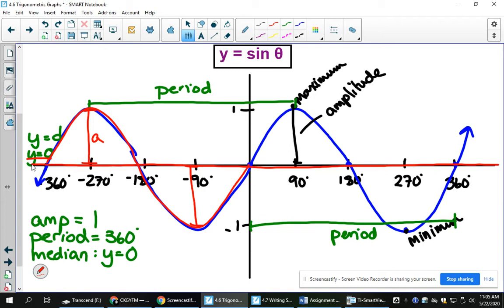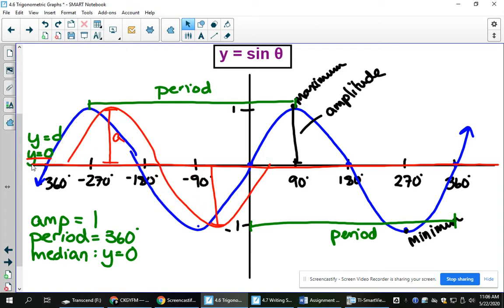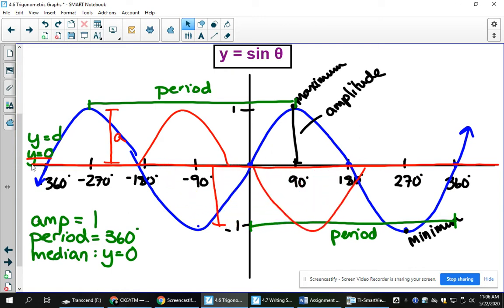Now, up here in green, you can see I've shown you what a period is. That's how long it takes for one complete wave. If I was to trace from the very top to the very top, and then just move it over, kind of like this red thing I have here, if it was drawn perfectly, it creates the next wave cycle.